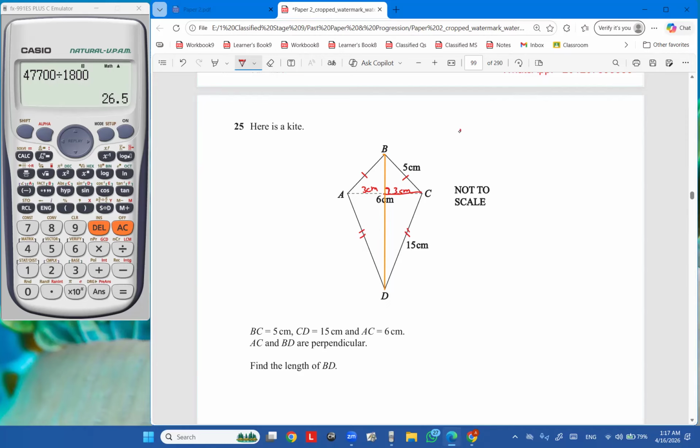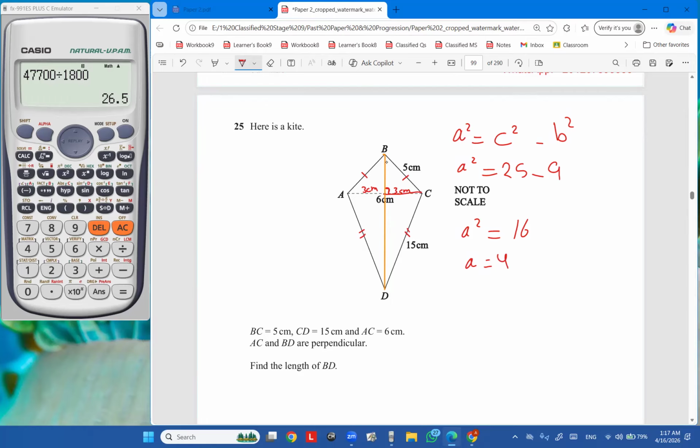Yes, you should know that a squared equals c squared minus b squared, which is using the Pythagoras. So a squared equals c squared, which is 25, minus b squared, which is 9. So a squared is equal to 16. So a is 4.